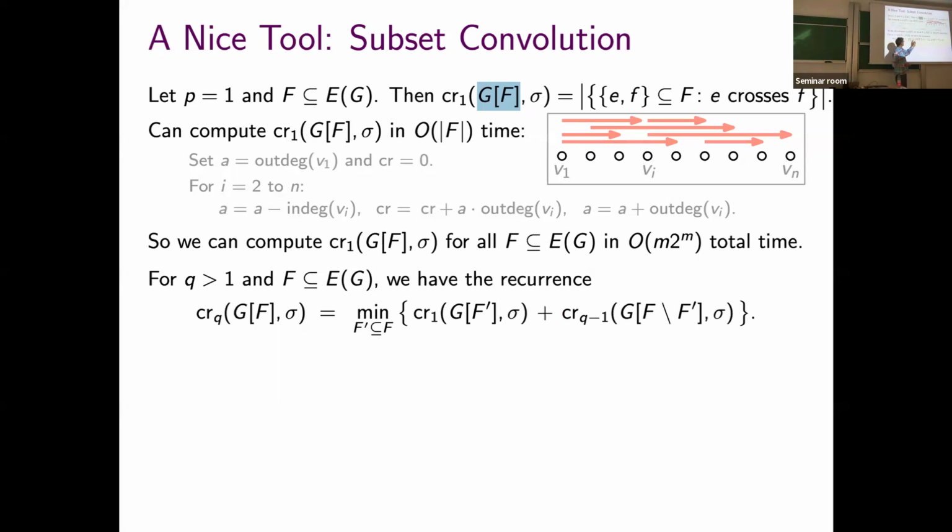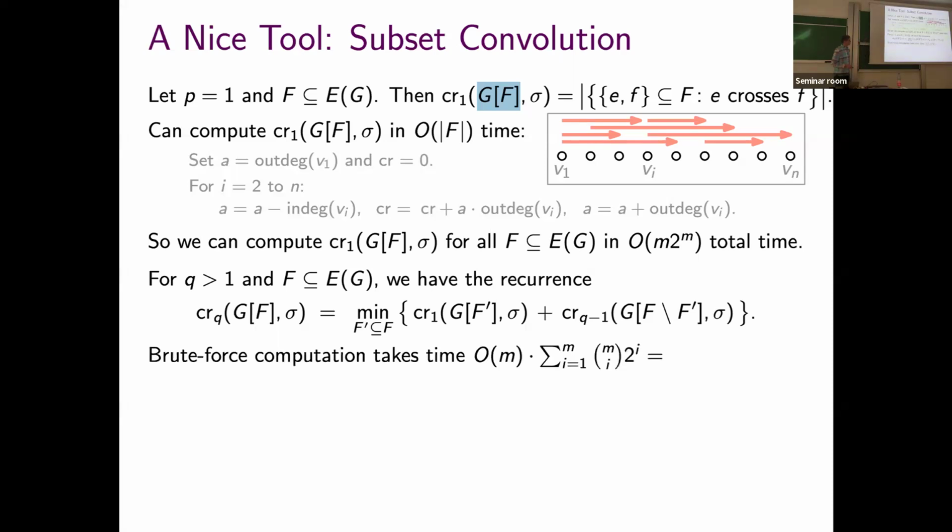So we put this subset F prime on one page and find out how many crossings it induces on this one page. And the remaining edges we put on the remaining Q minus 1 pages. And if we have this table and that table, then we can compute this table.